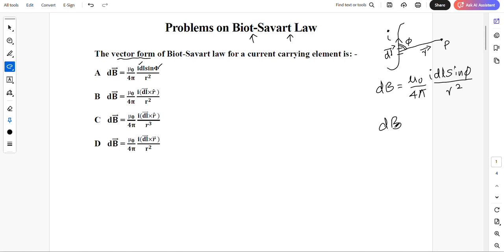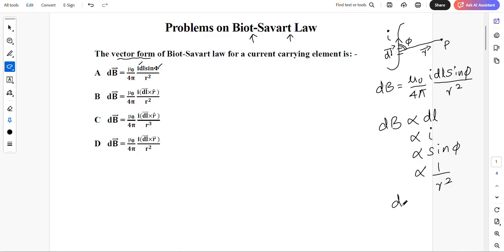We know that the magnetic field at point P due to the small current carrying element of length dl is proportional to the elemental length dl, proportional to I, proportional to the sine of the angle between dl and r vectors, and inversely proportional to the square of the distance between them. So if I combine this, I can write I dl sin phi by r square.